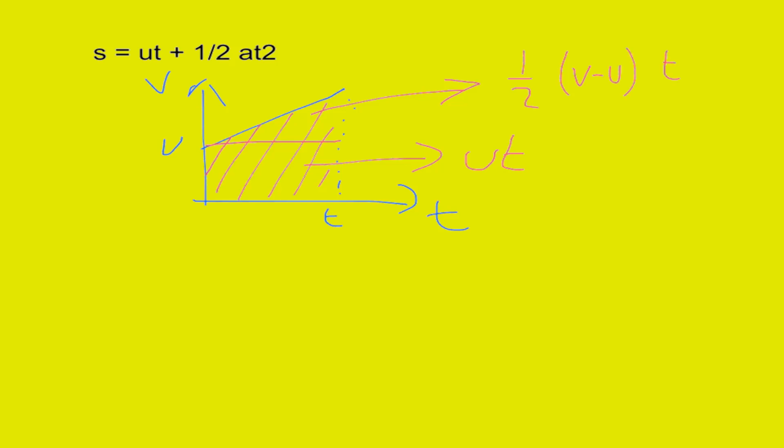But in this case, because we don't know the final velocity, that will be half at times t, so half at squared. And then we just add them together and it becomes ut, the bottom rectangle, plus the area of the triangle, half at squared. So that becomes our third Suvat equation, s equals ut plus a half at squared.